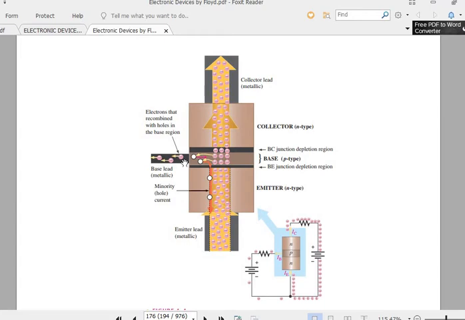Wherever the path is given, the electrons may flow, but this flow is very minute. Obviously it will be considered in any equations we are drawing, but despite that it is minute.